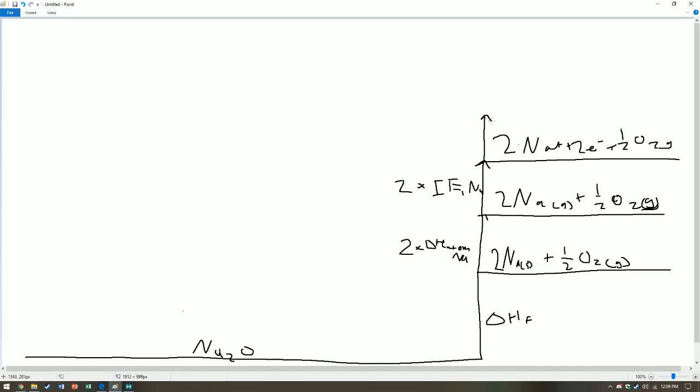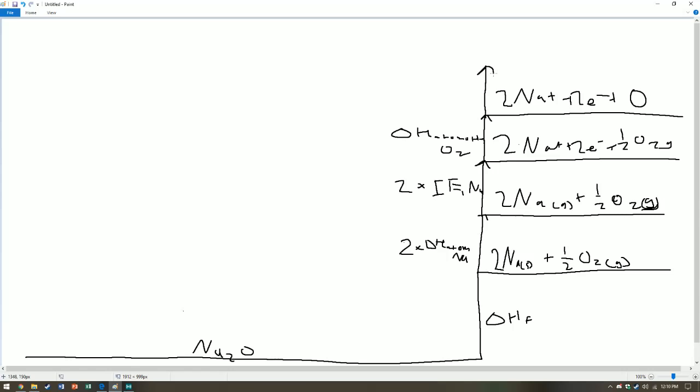And then I want to break the O=O bond, which is delta H atomization of O2, and since there's only one oxygen atom, we get 2 Na plus 2 electrons plus O.